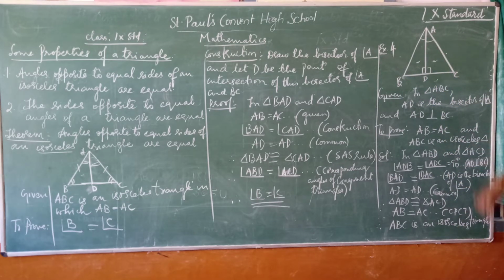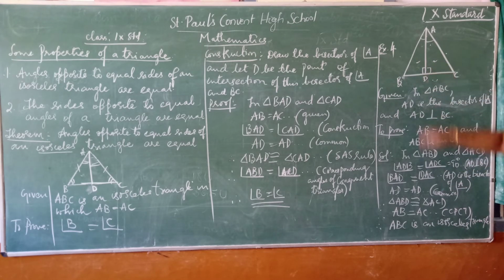Let me consider these two triangles. In triangle ABD and triangle ACD, angle ADB is equal to angle ADC is equal to 90 degrees. Why? Because AD is perpendicular to BC. I have to write the reason. And angle BAD is equal to angle DAC, because AD is the bisector of angle A, and AD is equal to AD, common side.